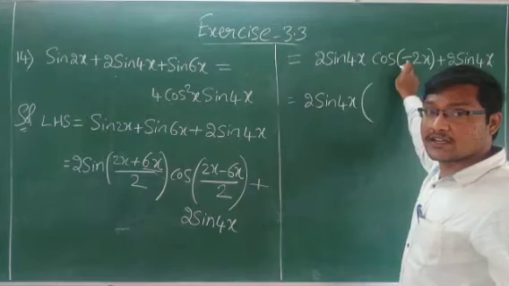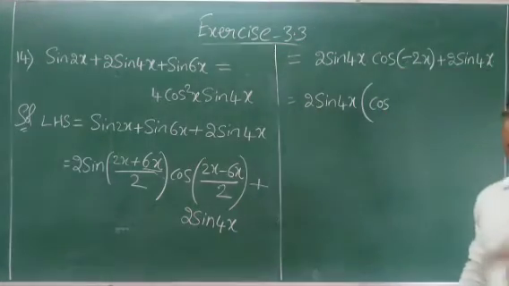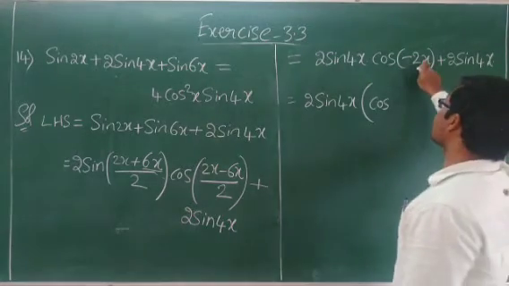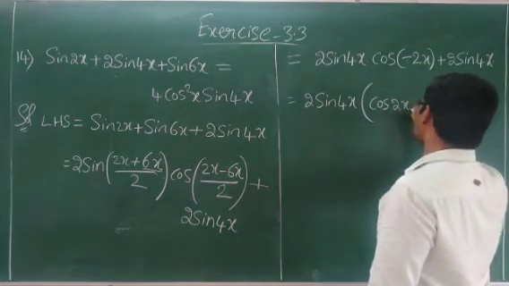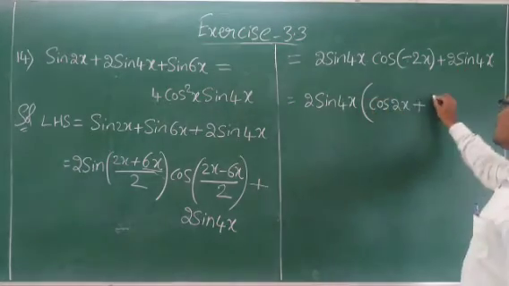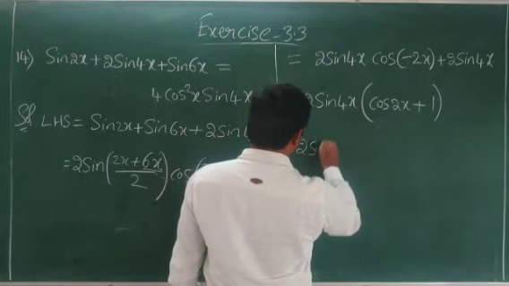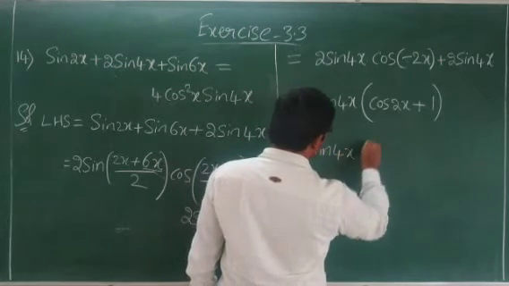Cos of minus theta is positive only, so cos of minus 2x is cos 2x only, plus this 1 which is already outside, so that is equal to 2 sin 4x times (cos 2x plus 1).